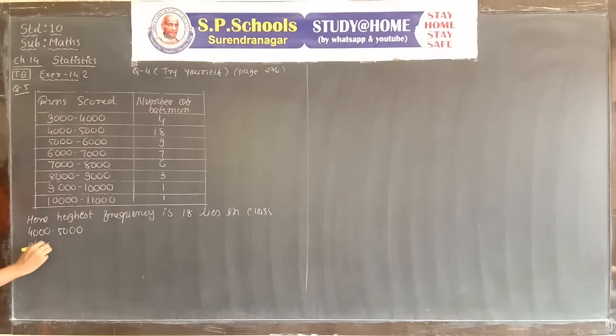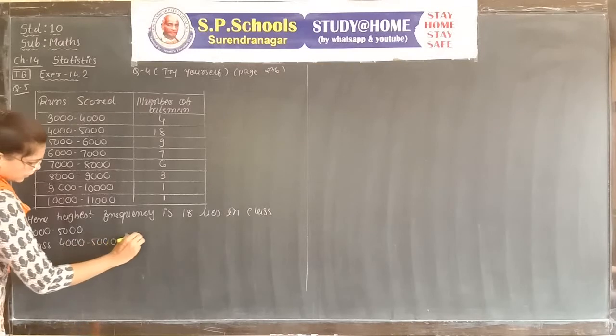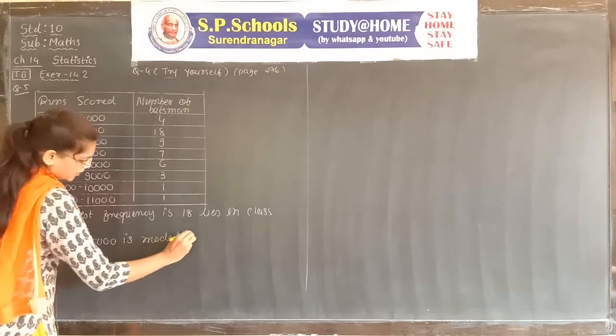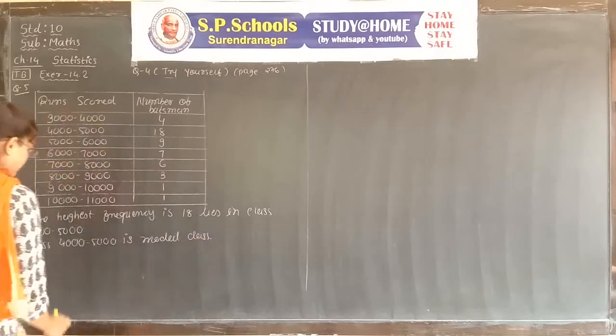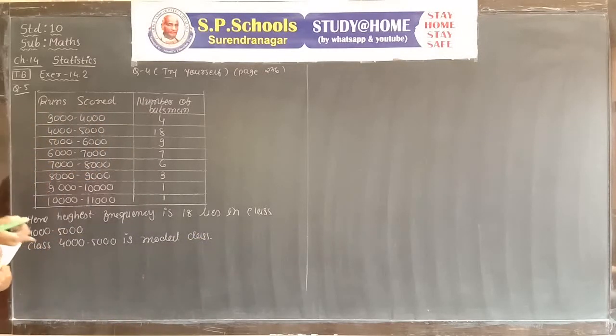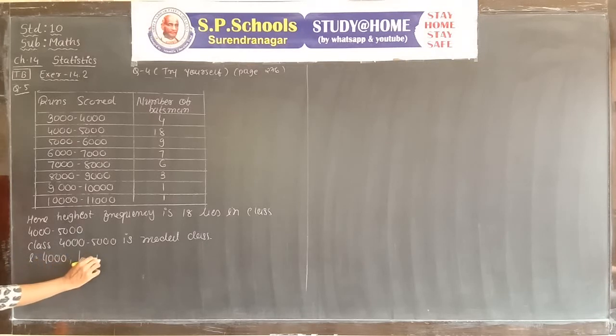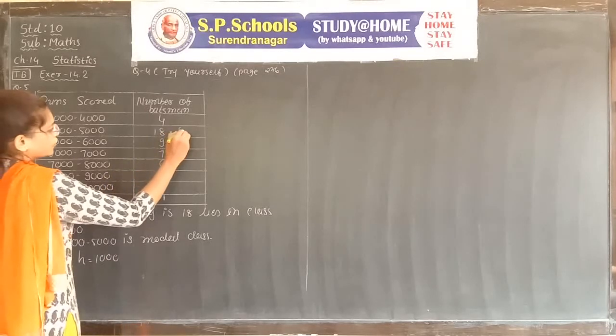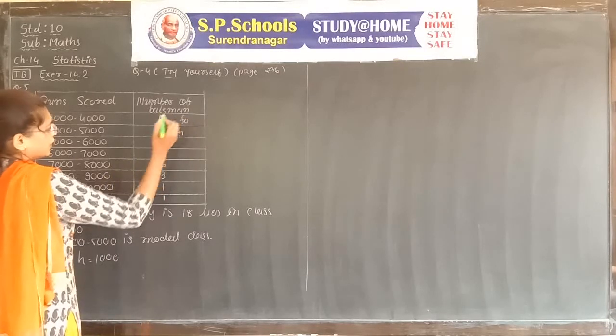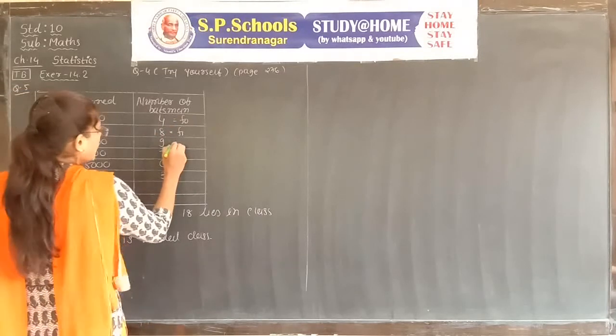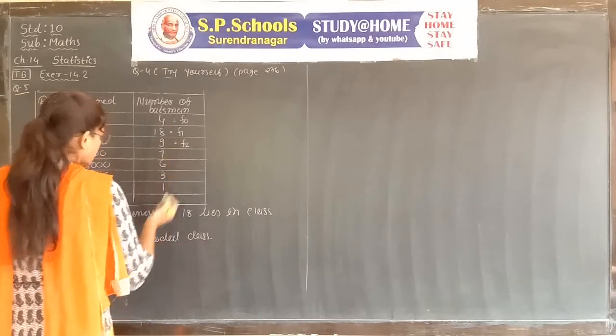Therefore, the class 4000 to 5000 is the modal class, and our answer lies between 4000 to 5000. The mode of the given data is greater than 4000 but less than 5000. Here the lower limit is equal to 4000. The class size H is equal to 1000. Highest frequency of the modal class is F1, frequency of the class preceding the modal class is F0, and the frequency of the class succeeding the modal class is F2.